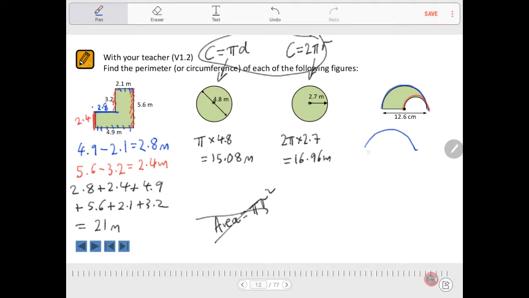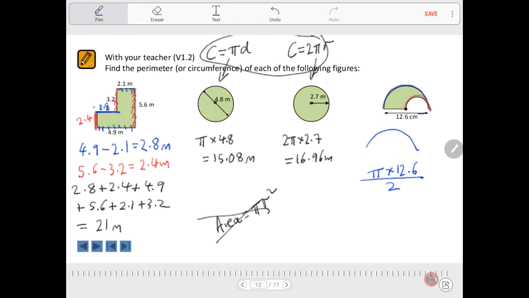Well, the diameter of this circle is 12.6 centimeters. So to find this circumference, we do pi d, pi by 12.6. But you may have noted that this is in fact only a semicircle, so that's half a circle. So I'll either multiply this by 0.5 or I can divide by 2 like this.